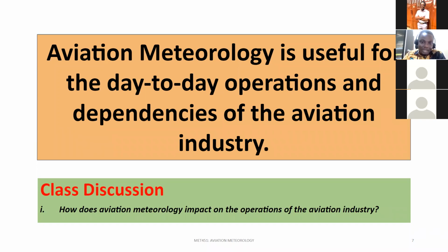For instance, I don't need to be the one generating the METAR or the TAF. If I expend all my energies on generating that, then what about transporting the people? You get it? So not because they have little knowledge of it, but because there's some segregation in the jobs we do. There should be some distinction. And so this is where the aviation meteorologist does this as their main job. But aside from that, every other thing you said is a good and solid point.